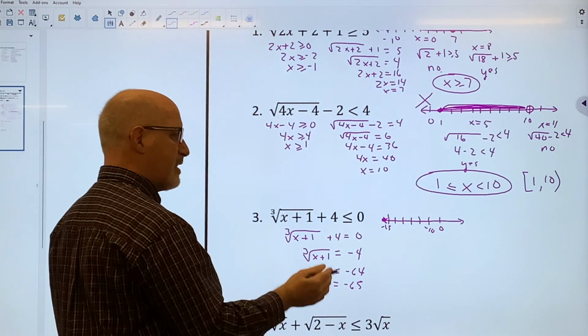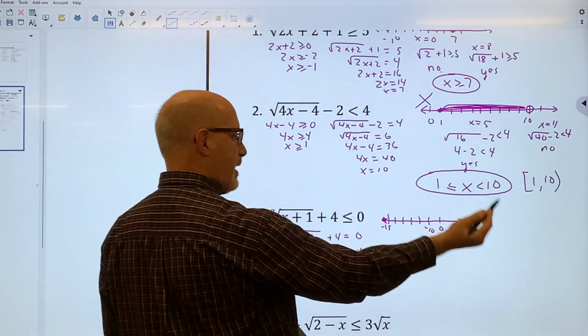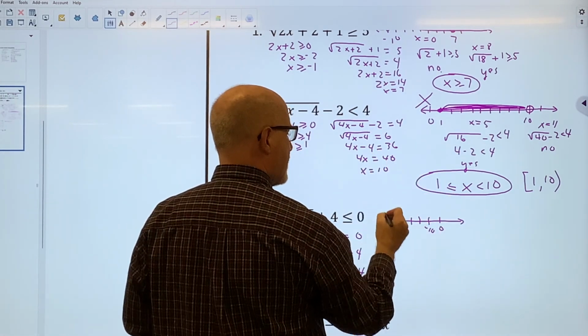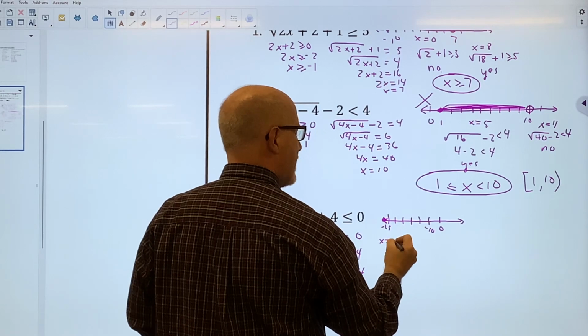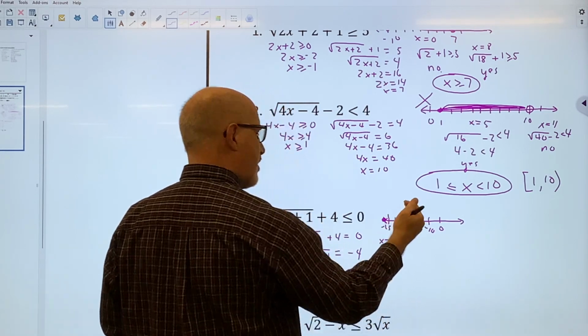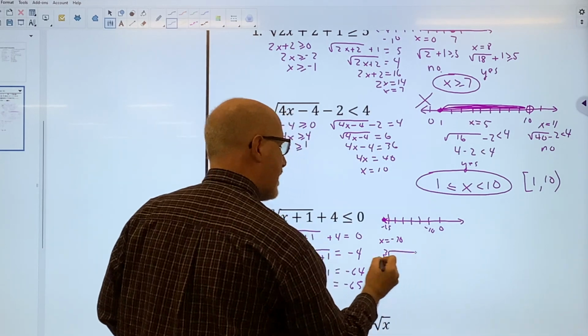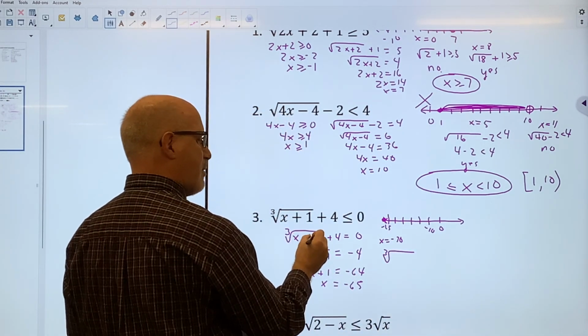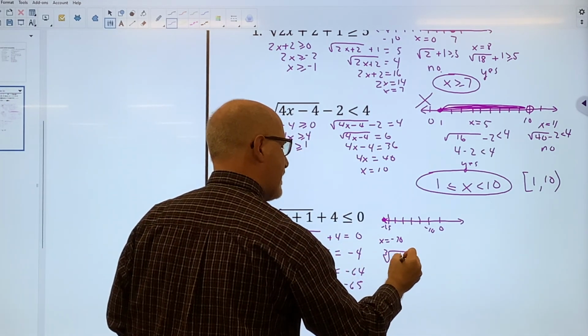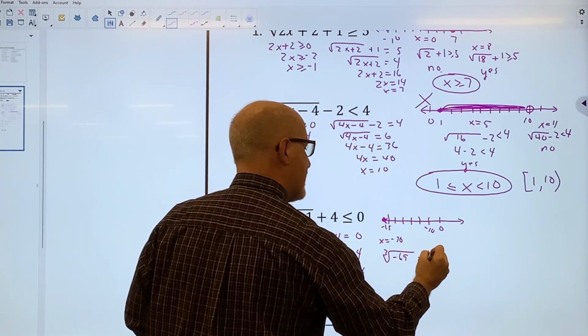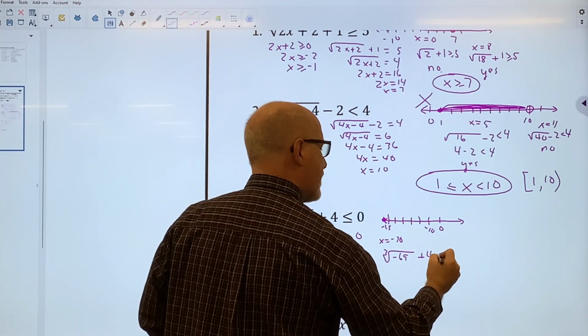And now I'm going to test to the left and to the right of it. So if I test, for instance, x equal to -70, which is to the left of it, put that in here. Cube root of -70 plus 1 is -69, plus 4 is that less than or equal to 0.